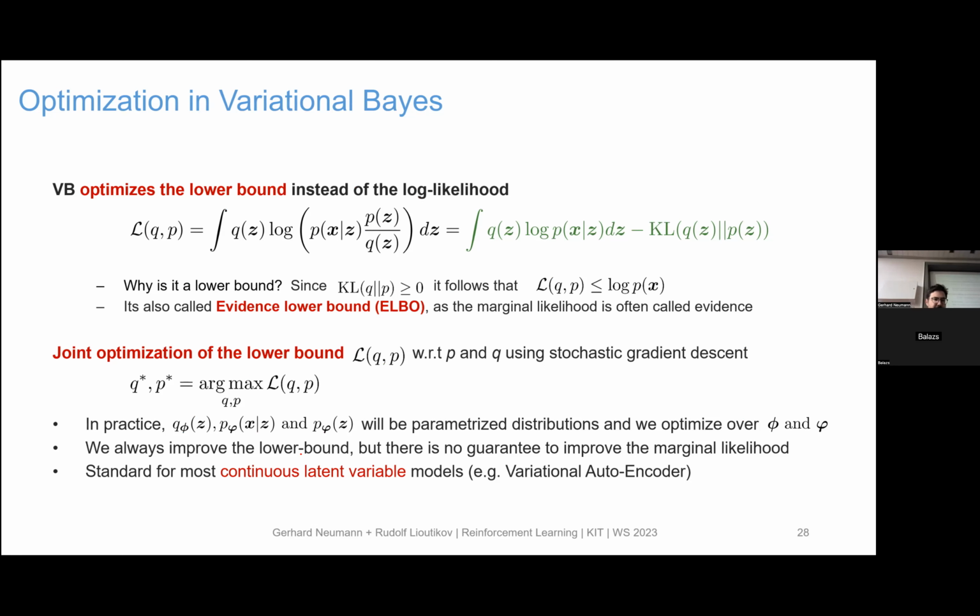Yeah, and what variational Bayes does now is it looks at this lower bound, and the lower bound depends now on Q, on this new distribution that we introduced, and on P. And it optimizes the lower bound with respect to P and Q at the same time.